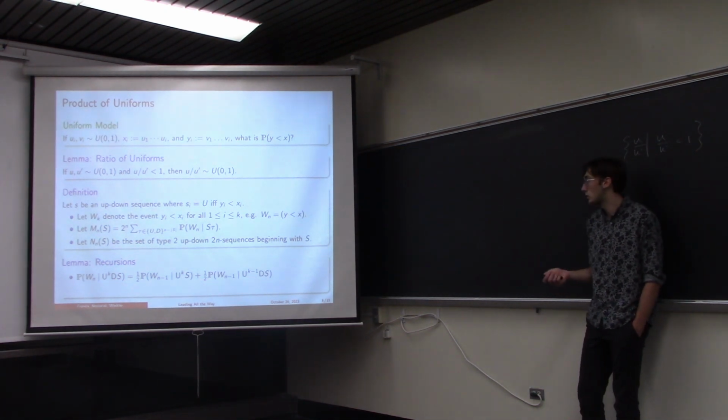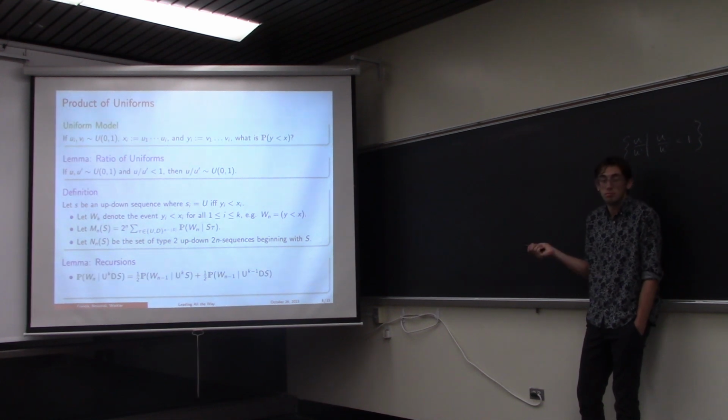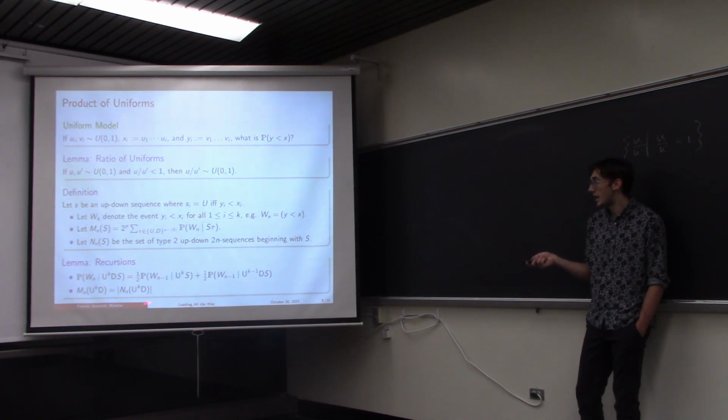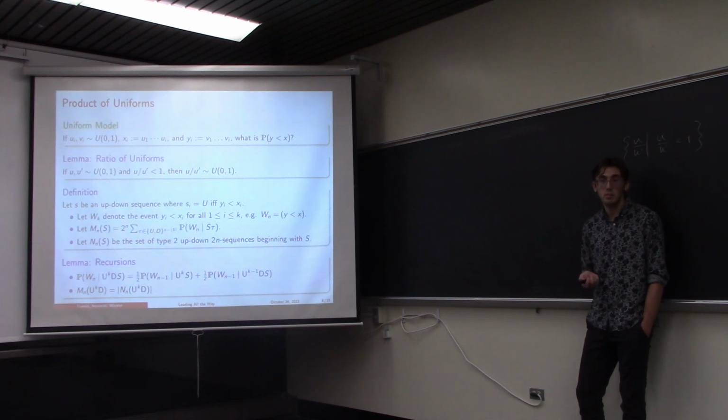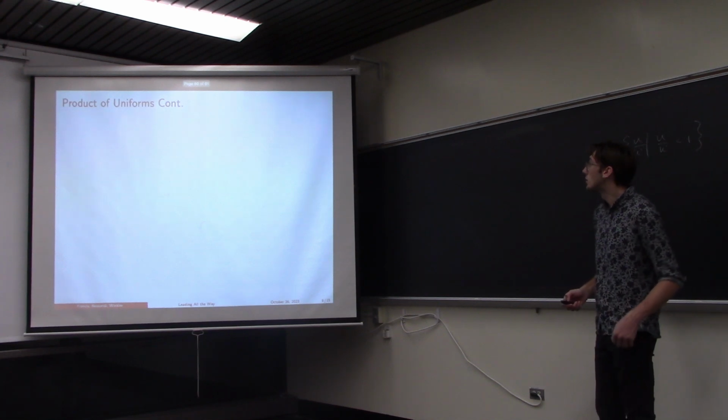Okay, so this is the first recursion, and this is proven just by going back to the definitions and using this ratio of uniforms lemma. And the next thing is we show that M_n of U^k D is equal to N_n of U^k D. Like I said, we show that these satisfy the same recursion, and so they're actually equal because they have the same base case.